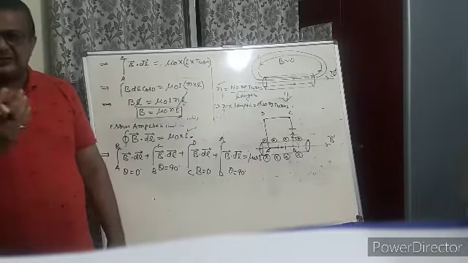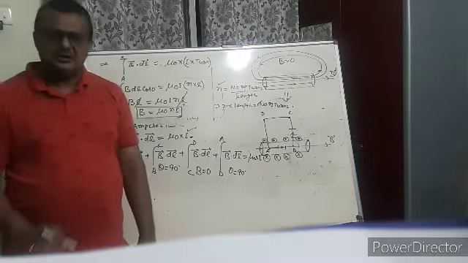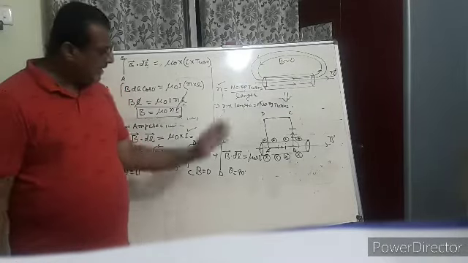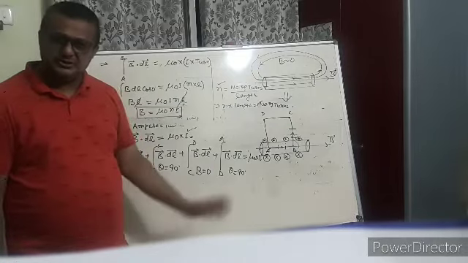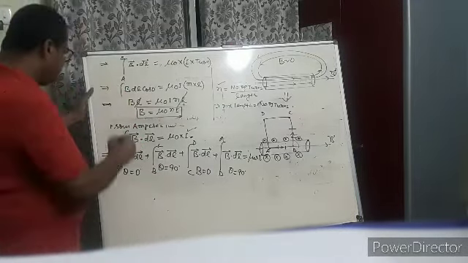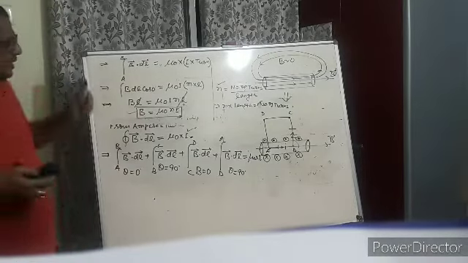Inside the core the magnetic field is high, but outside the core the magnetic field is equivalent to 0. So we can derive this one. This derivation is required for your board examination, but for solving numerical problems you only need to know the formula. So see the problem.